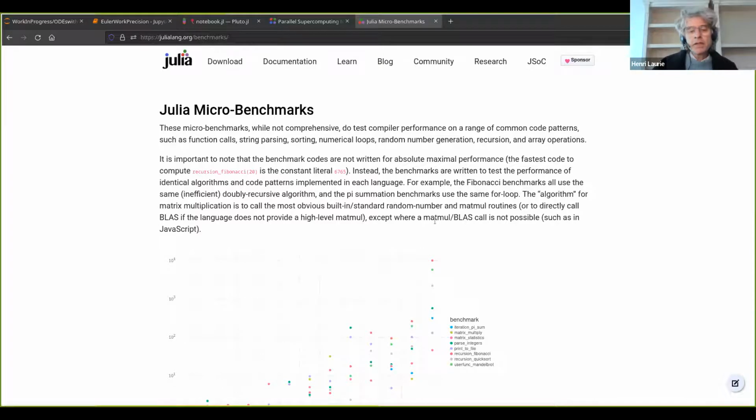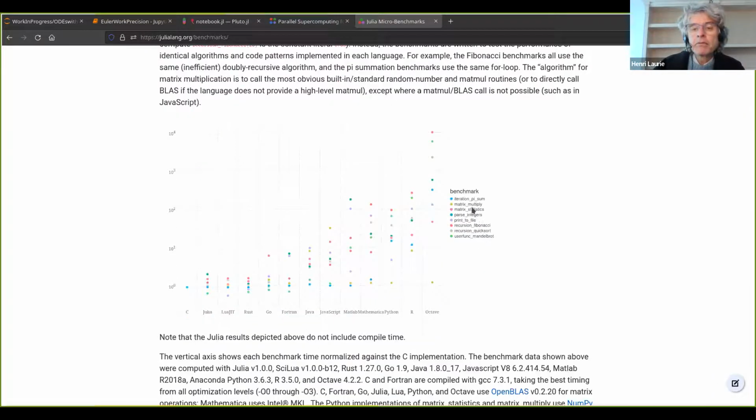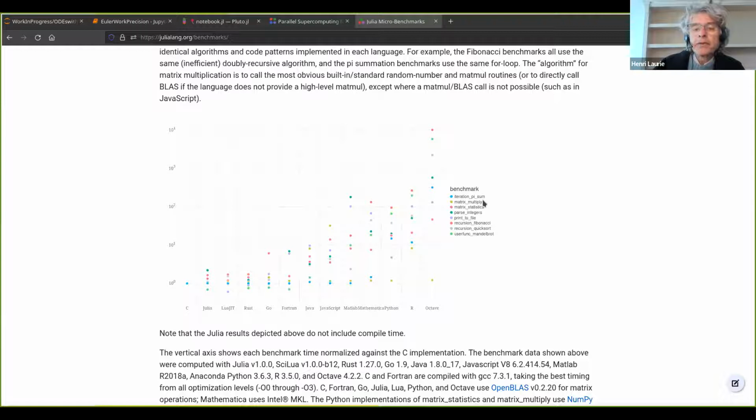Okay, so these are the micro benchmarks, and they do an iteration method for getting pi as a sum, matrix multiplications, matrix statistics, parse integers. I'm not quite sure what they all do. Mandelbrot, and so on.